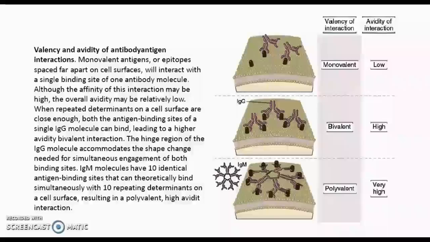Here is the valency of interaction between one antigen binding site and the antigen, which is called affinity, and here is the avidity. Here the avidity is represented in IgM, and the affinity is represented here.